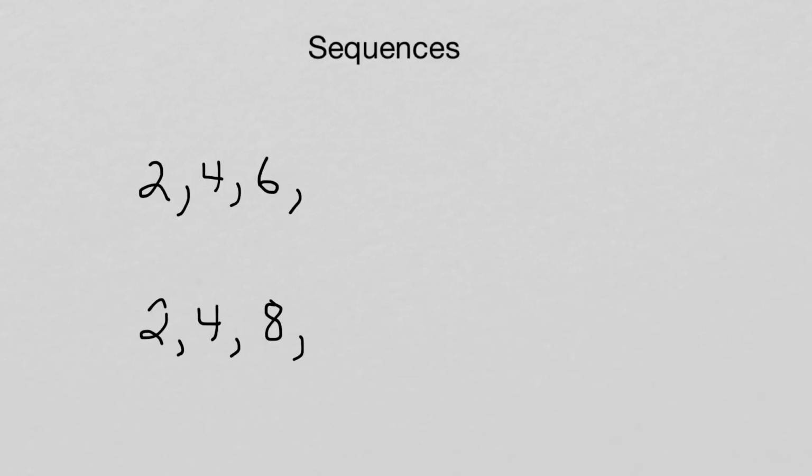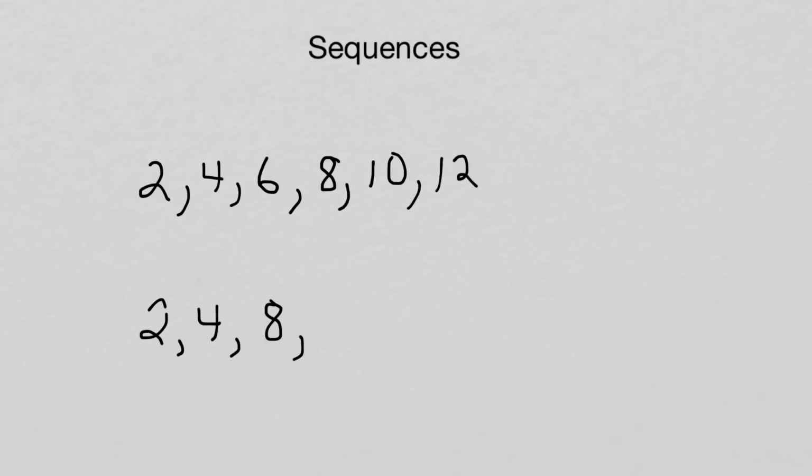All right, here's two different patterns written below here. Look at the first one: 2, 4, 6. If I ask you to keep up this sequence, I think most of you would see the next one is going to be 8. It's obvious we're adding 2 to each one. The next one's going to be 10, the next one 12.